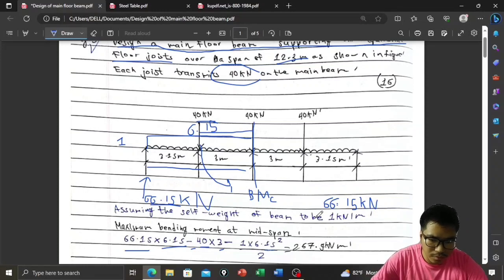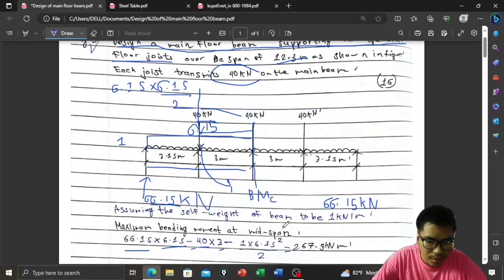It will act in the center of this. So the distance between this and this is 6.15 divided by 2. So it will be 6.15 square divided by 2.